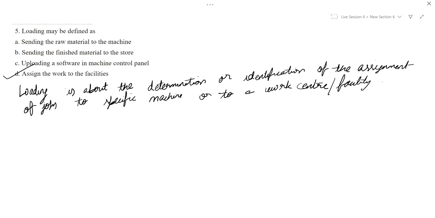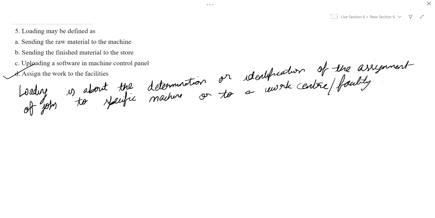So depending upon the kind of production system, jobs can be assigned to the individual machines or to a whole work center or to the entire plant or facility. Suppose we have to decide that some 1,000 cars will be made in a particular facility, or some units of a particular type of job are to be made in a particular work center. So this is done by loading.